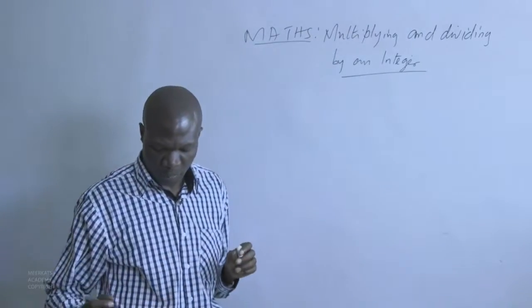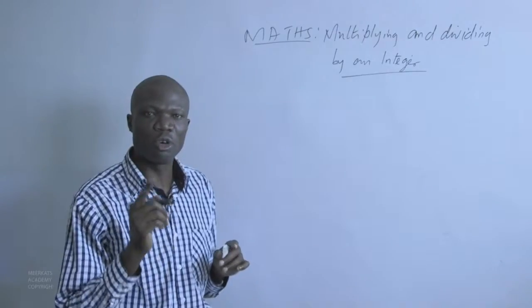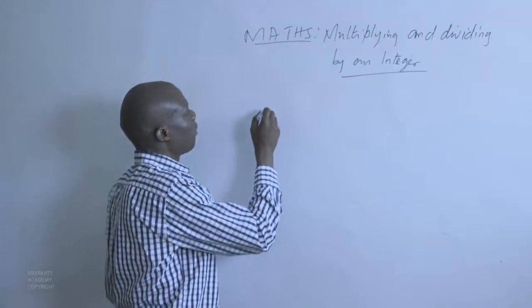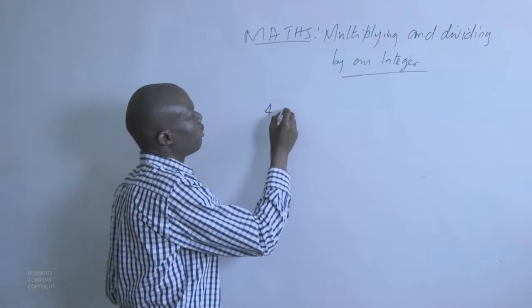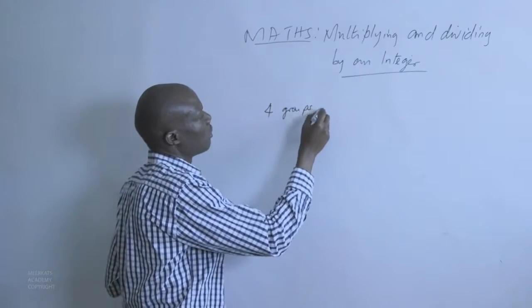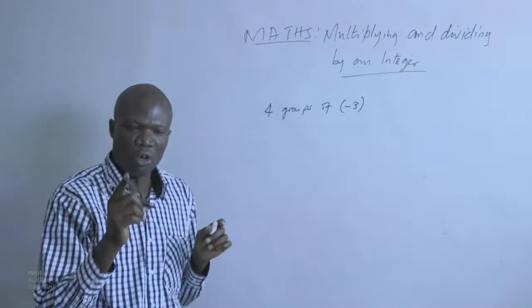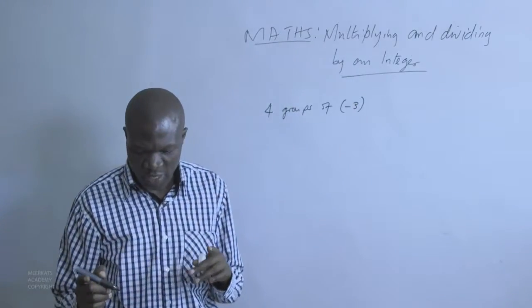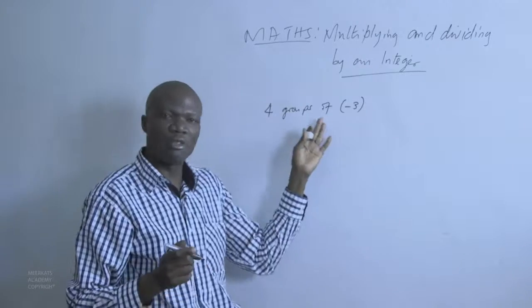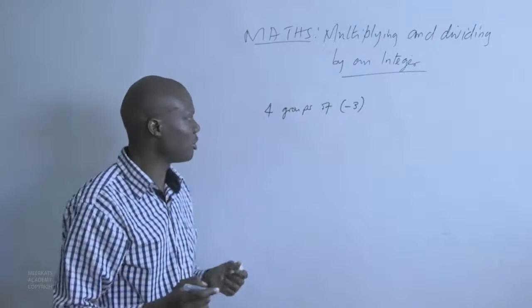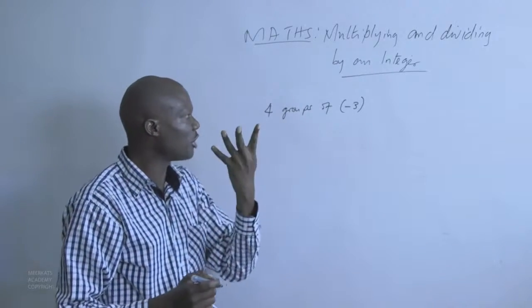Take, for example, 4 groups of negative 3. 4 groups of negative 3 means negative 3 four times.